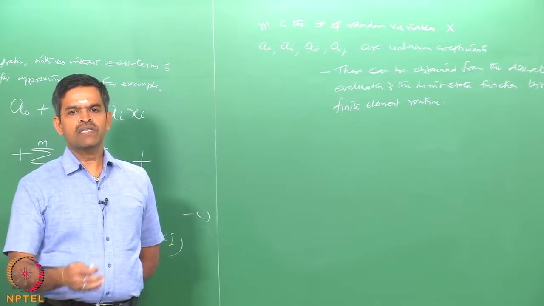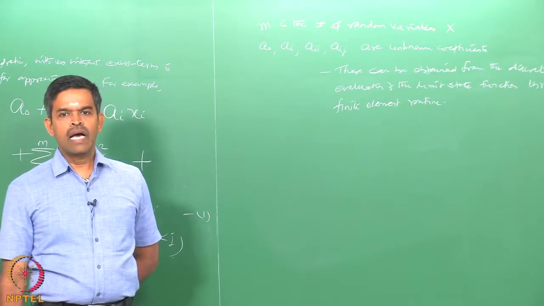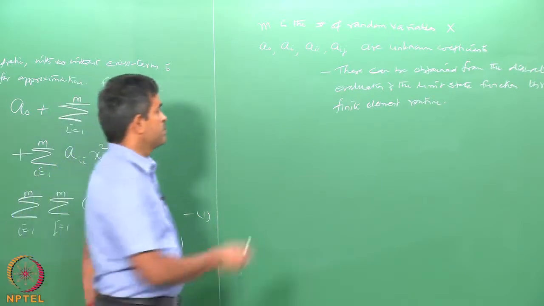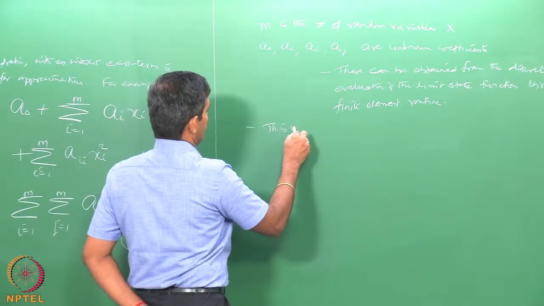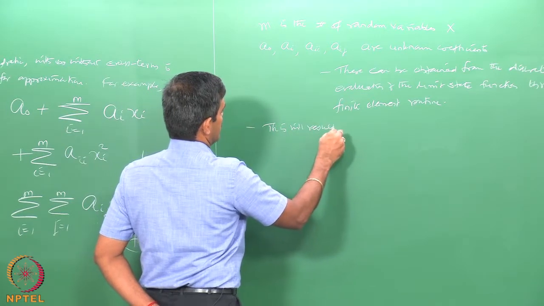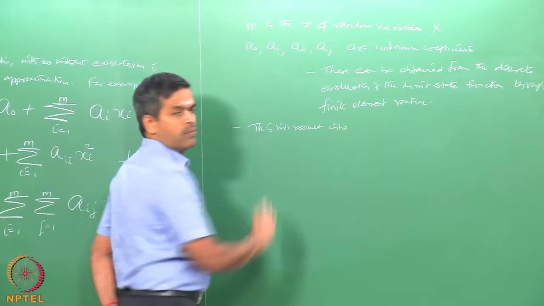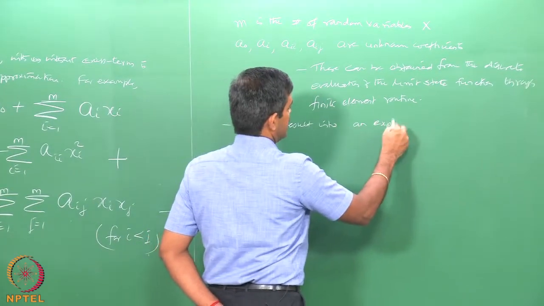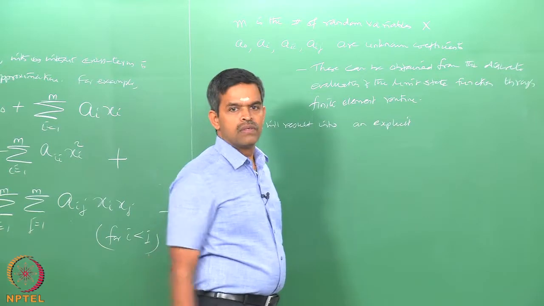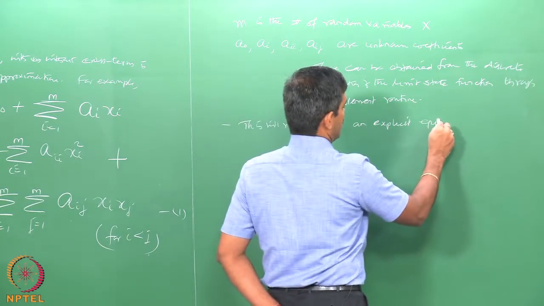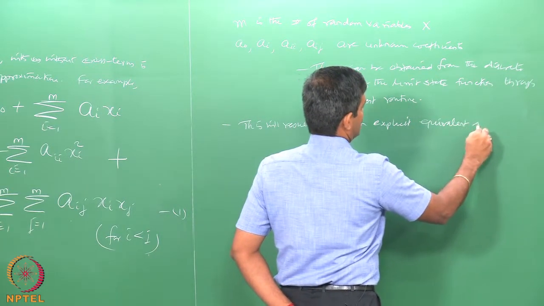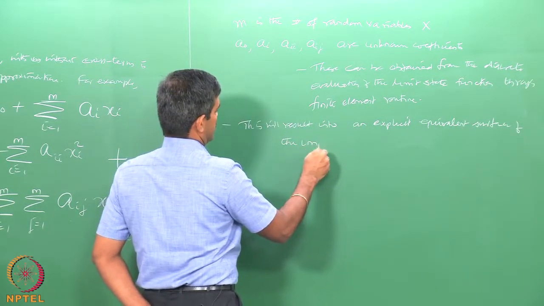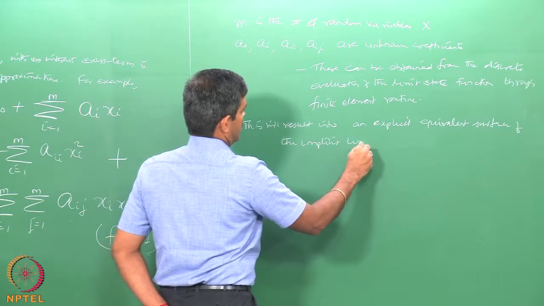Now, the resulting fitted surface will be an explicit equivalent surface of the implicit limit state function.